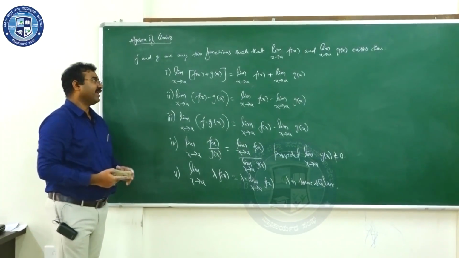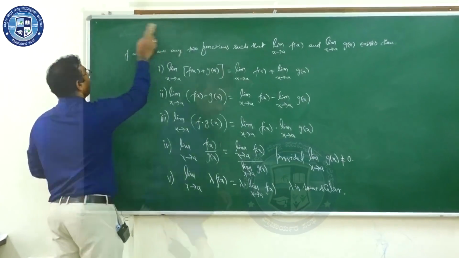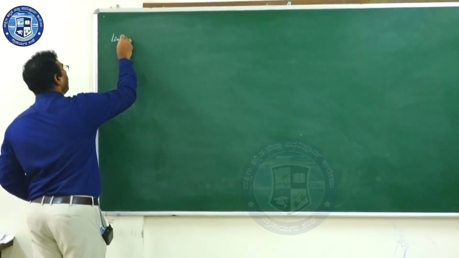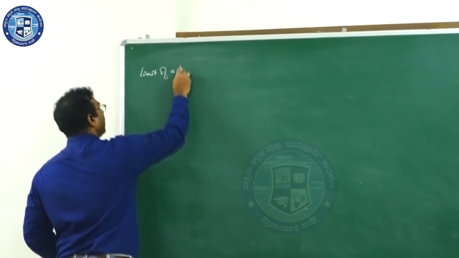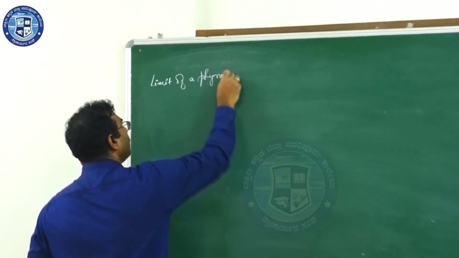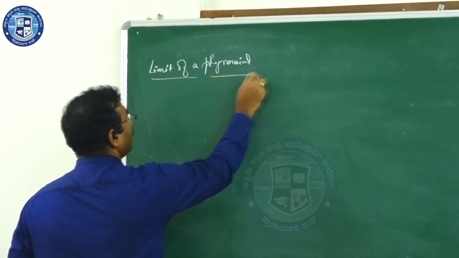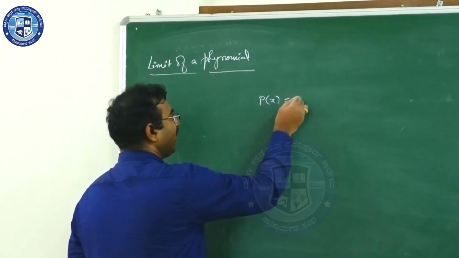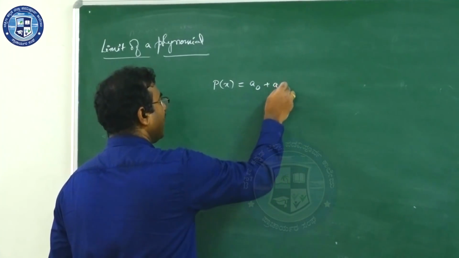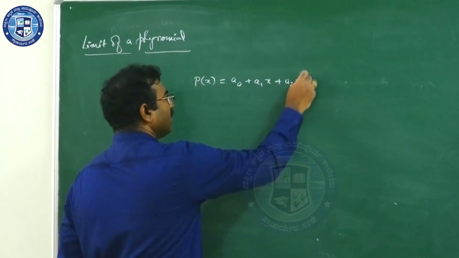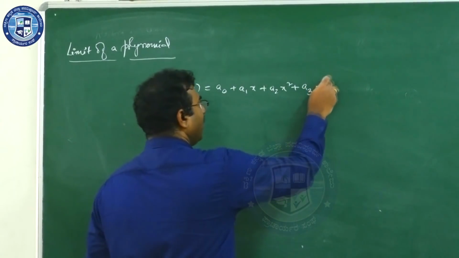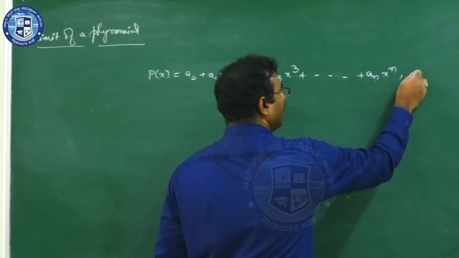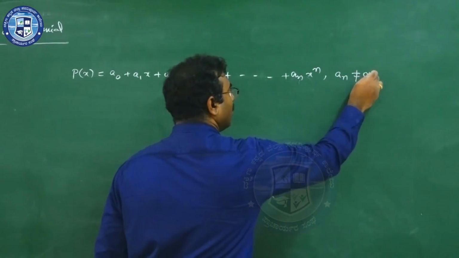And then we will also see the limit of a polynomial. You all know what a polynomial means. An expression of this form: p(x) is equal to a0 plus a1 x plus a2 x square plus a3 x cube, and so on, up to an x power n, where an is not equal to 0.